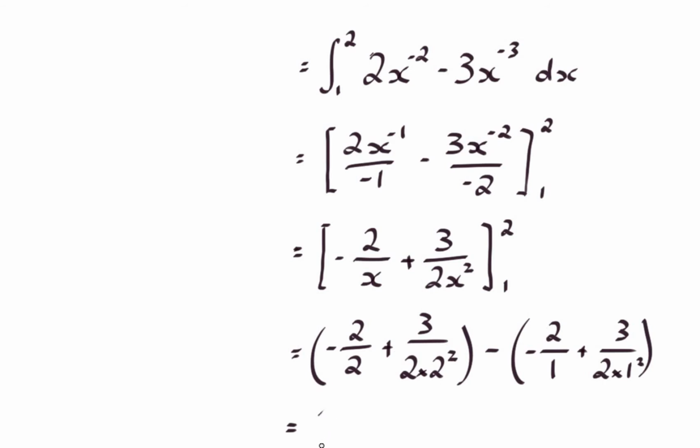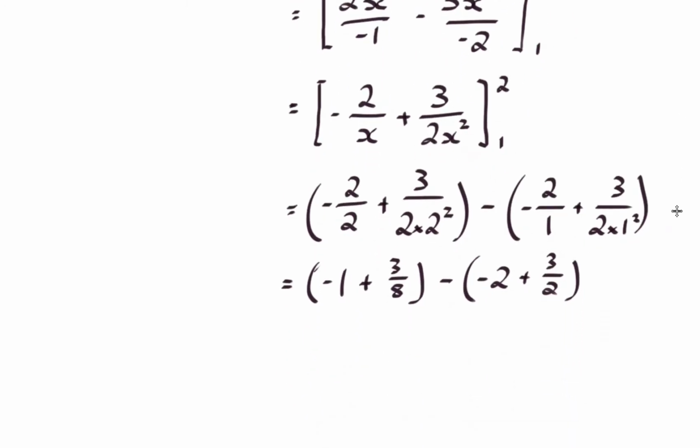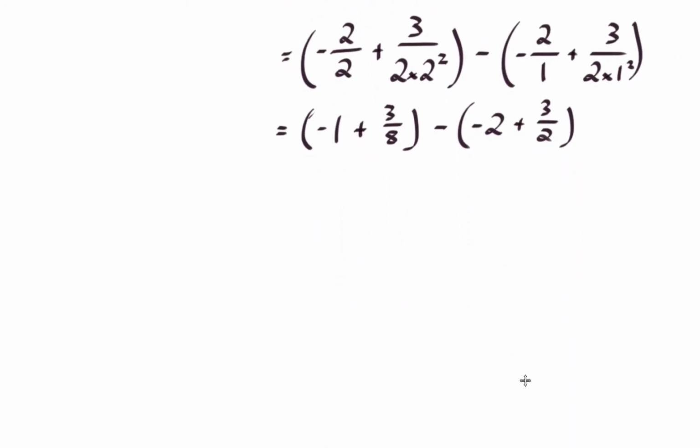We have negative 1 plus, this is 8 on the bottom, so we have 3/8, minus, and in the second brackets, we have negative 2 plus, and on the bottom here we have 2, so this is 3 on 2. A few lines of working for this one. But we're really just up to this last step where we're mucking around with the numbers.